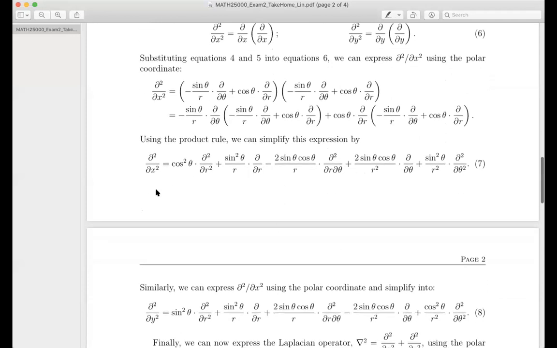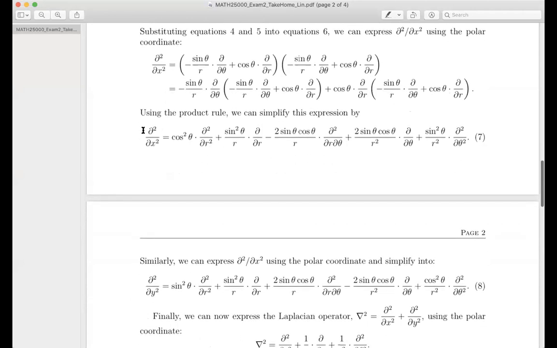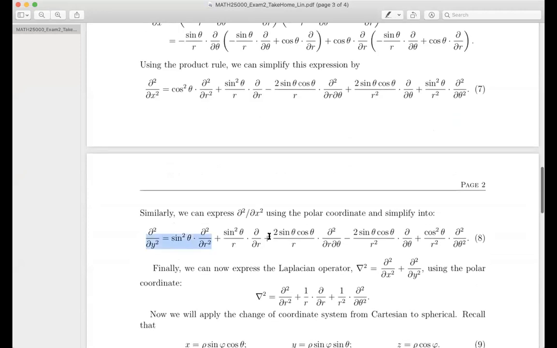So after all the tedious product rule and combining like terms, basically this is what you have for partial x squared. You can verify that yourself, and similarly you can do the same thing for partial y squared. So the Laplacian is just basically adding up these two second order partials.